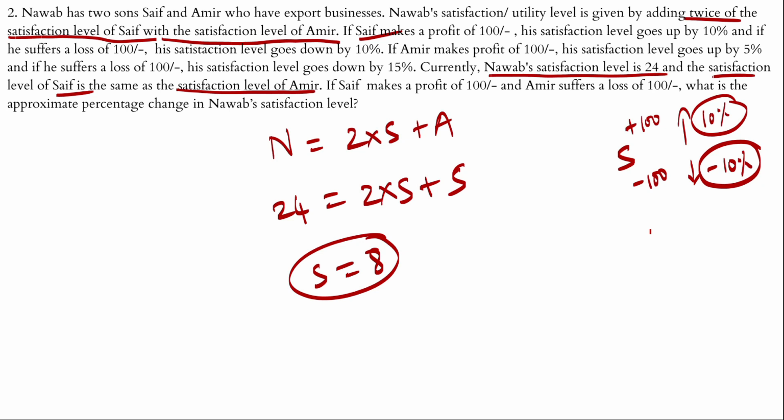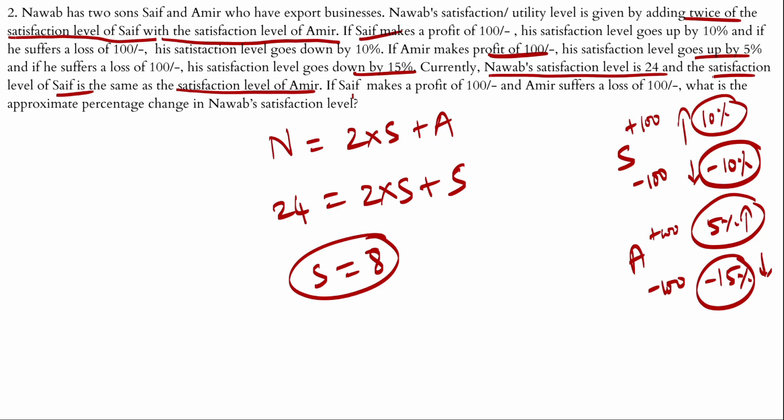We have this equation for Amir as well. If Amir suffers a loss, then his utility level comes down by 15%, whereas if he makes a profit of 100, then his utility level goes up by 5%. But in the current scenario, Saif makes a profit of 100 and Amir suffers a loss of 100.